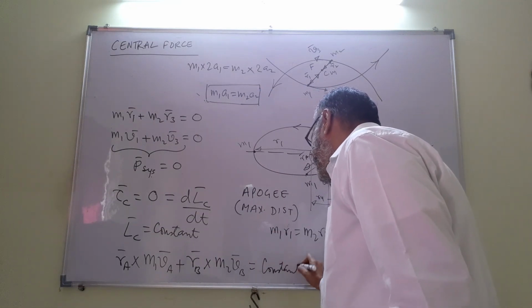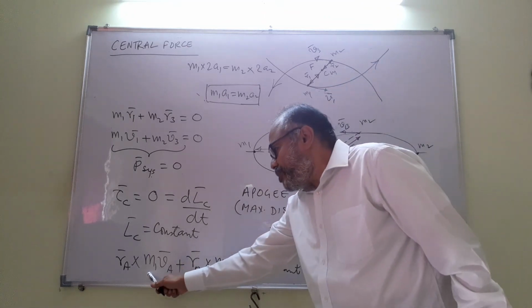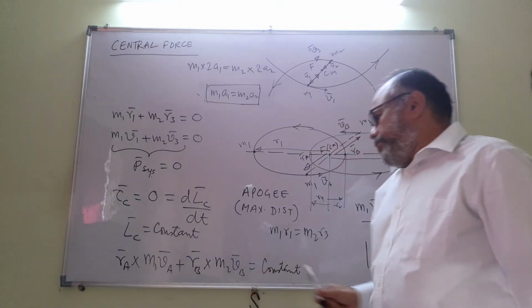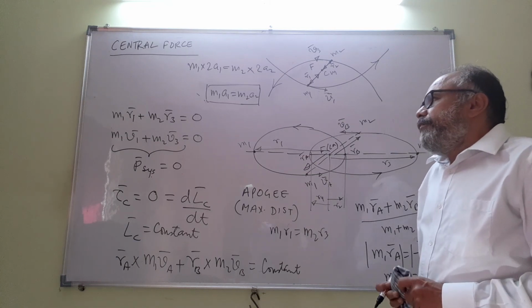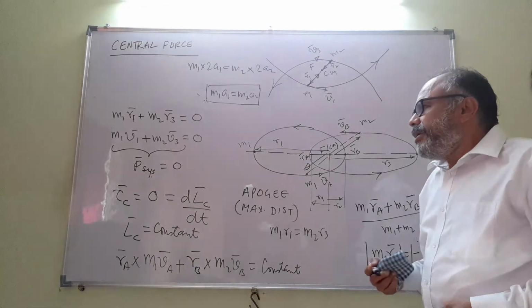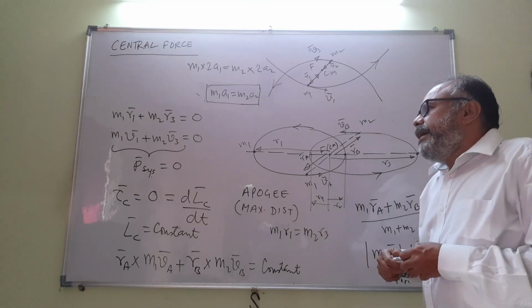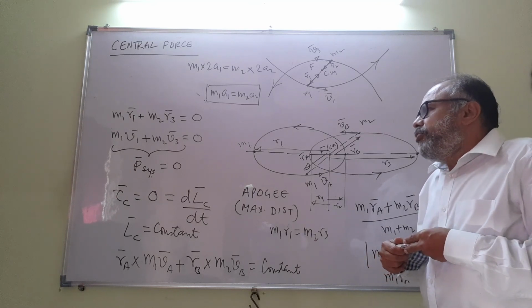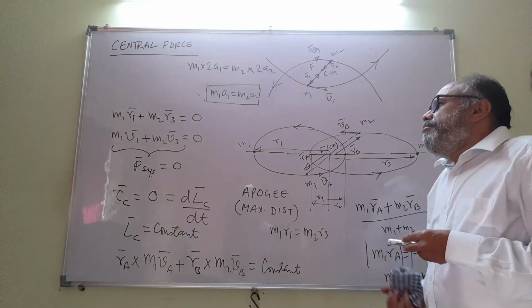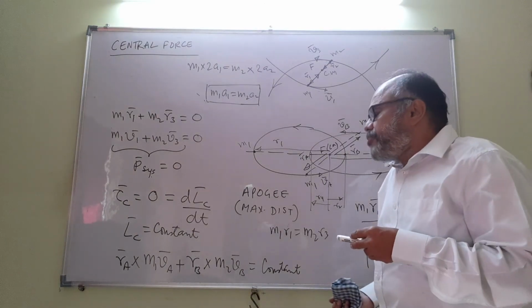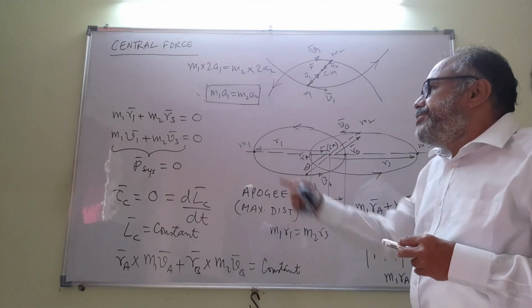This is the angular momentum of the first particle and this is the angular momentum of the second particle. So for central forces, we can conserve angular momentum about the center, and the linear momentum about the center, with respect to the frame attached to the center, is always 0.